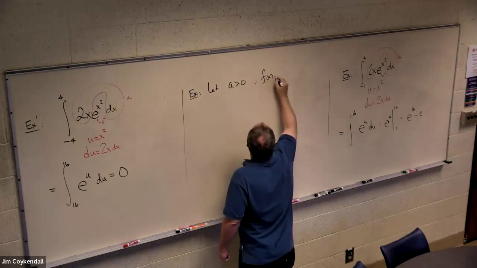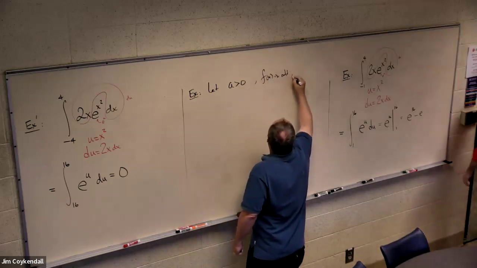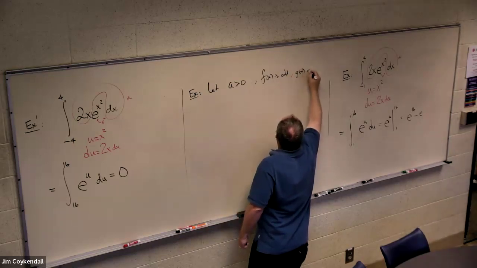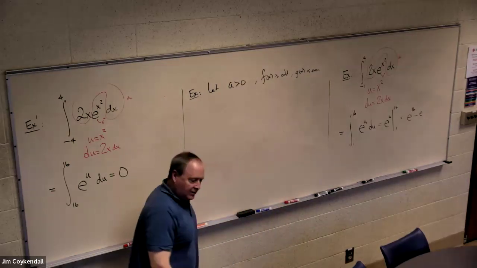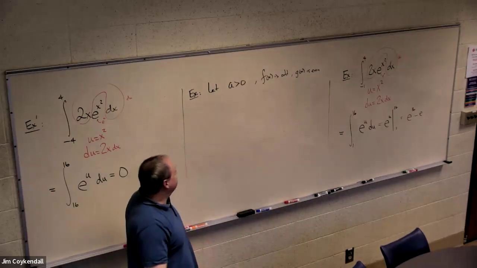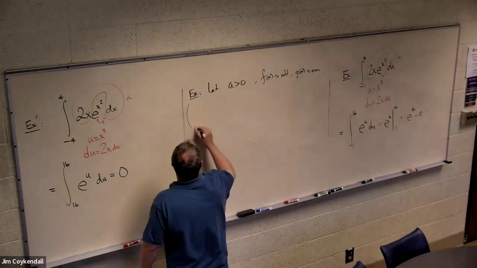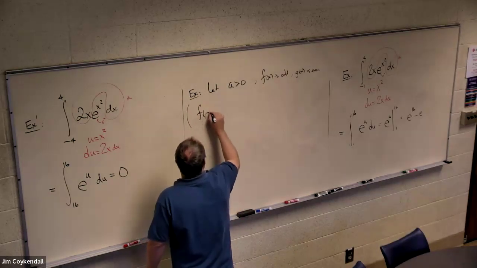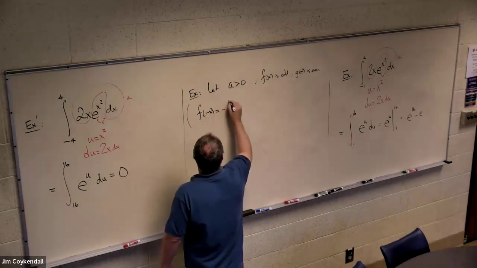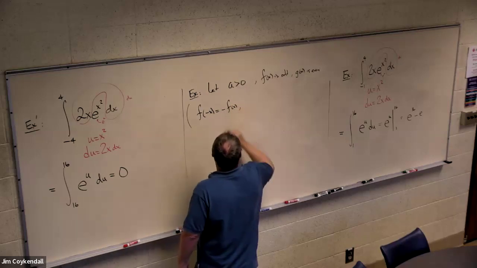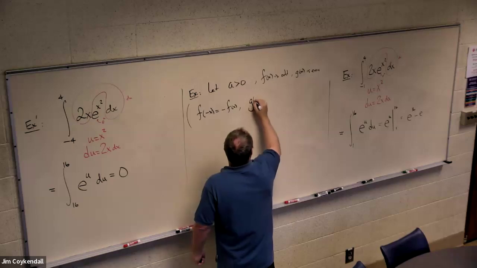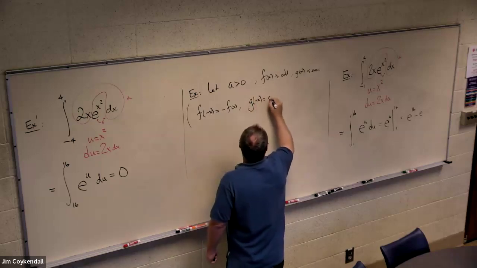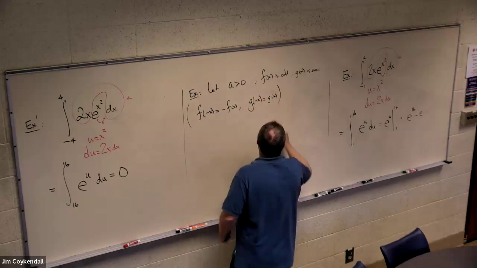Let f of x and g of x be functions. In this example, I've got two functions. One of them's odd, one of them's even. So let me remind you that odd means f of minus x equals minus f of x. So this is like x cubed and sine x is odd. And the even one is g of minus x is just g of x.